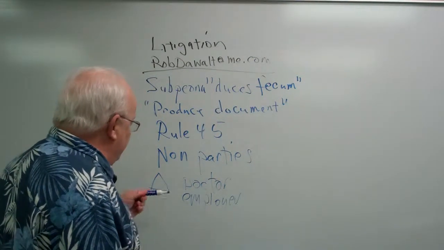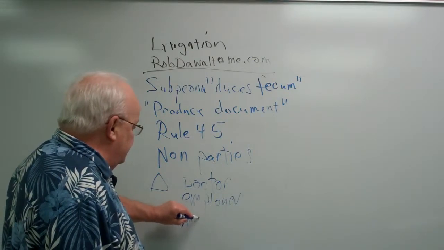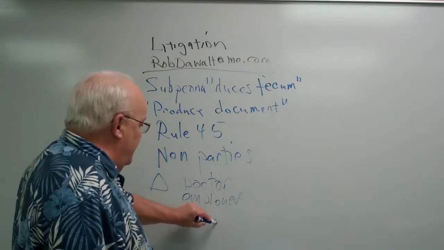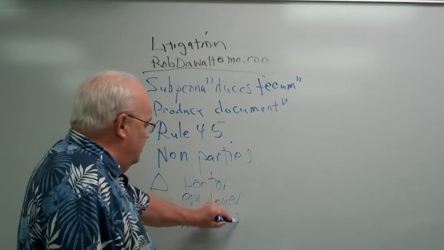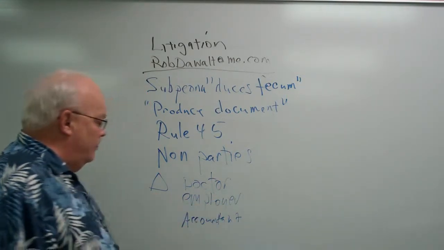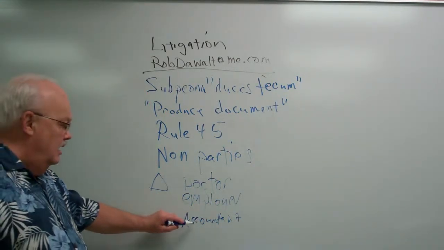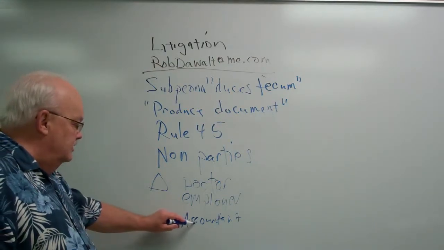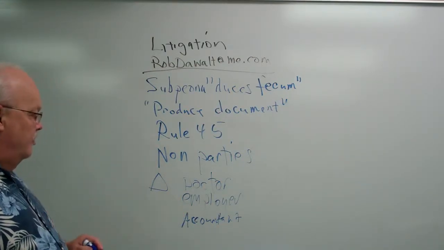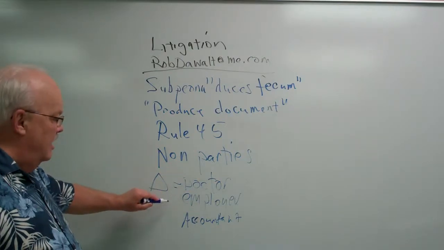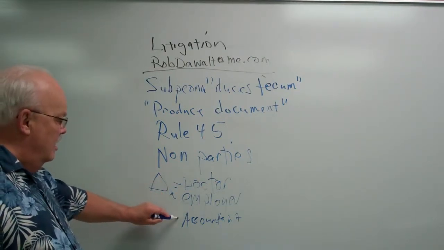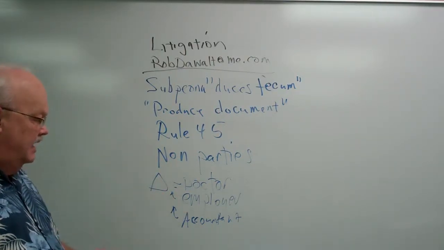What about a guy's accountant that's doing his taxes? Somebody like that would be a good candidate for a request for production. So, that's not very legible, is it? Gets down so far it's hard for me. So, the doctor, the employer, or the accountant are perfect examples.